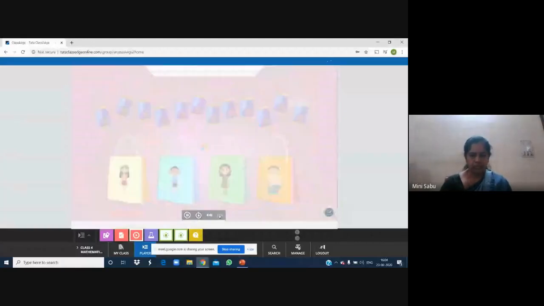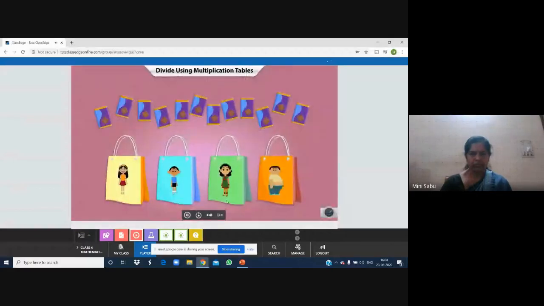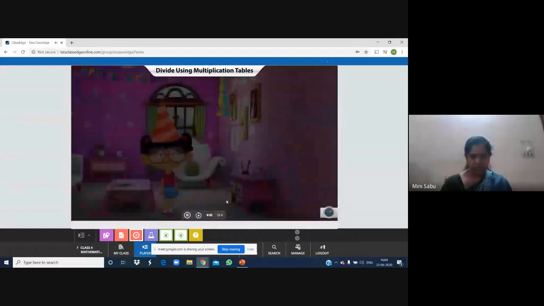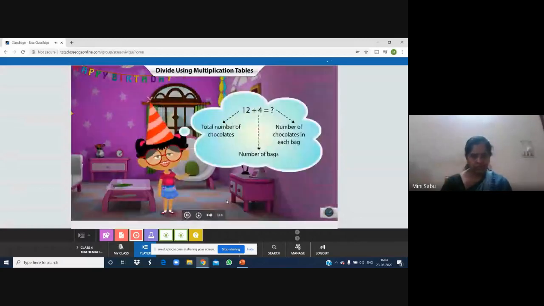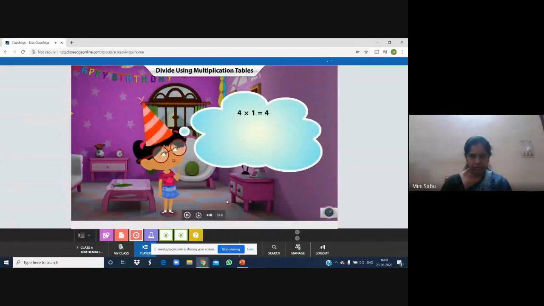I am now packing return gifts for my friends. I have 4 bags and 12 chocolates. If I want to distribute the chocolates equally, how many should I put in each bag? To carry out this division, I will recite the 4 times table in my mind till I get 12. 4 multiplied by 3 is equal to 12.